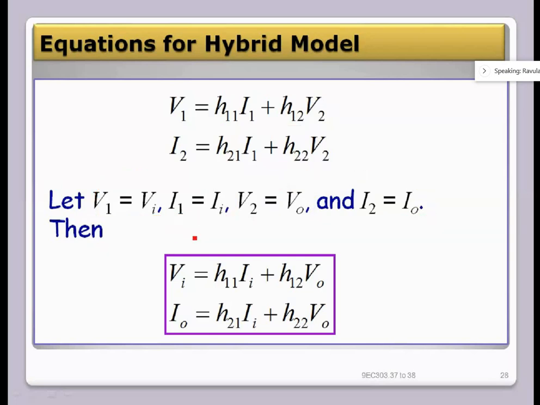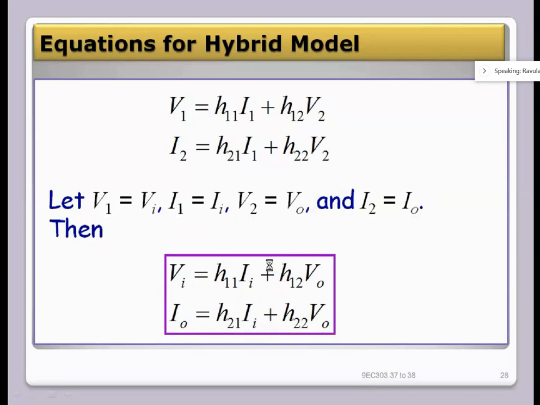So by this, we can rewrite the above equations, that is Vi equals H11 Ii plus H12 V0. Similarly, I0 equals H21 Ii plus H22 V0. Here, the two terms are common, Vi and I0.